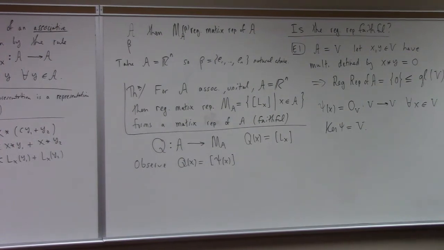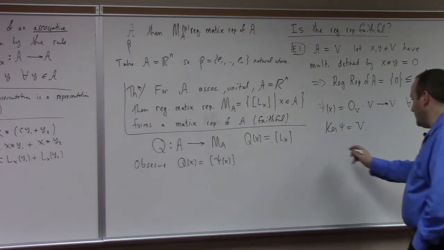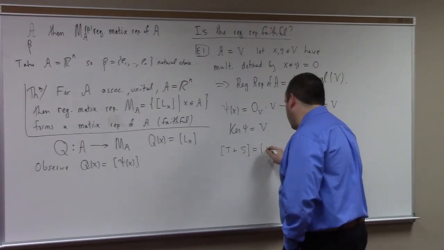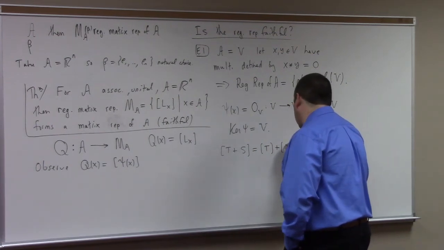That is a mapping from linear transformations to matrices, which is, by the way, linear, because the matrix of a linear transformation plus another linear transformation is the sum of the matrices of the linear transformations, right? If we have linear transformation T, linear transformation S, then the standard matrix of their sum is the sum of their standard matrices.